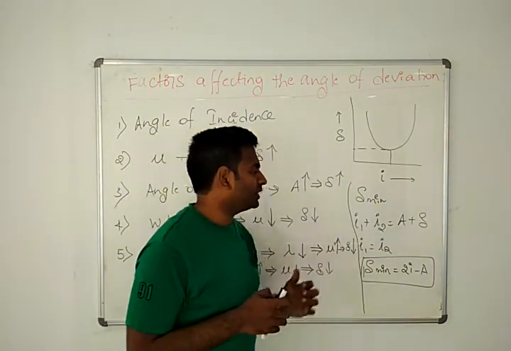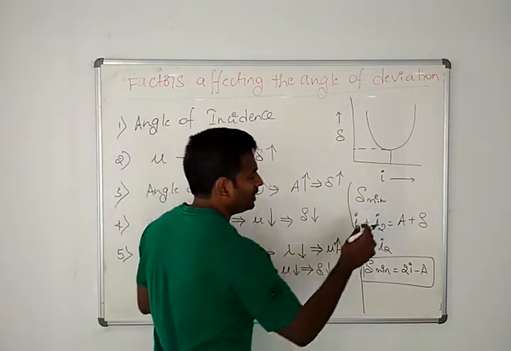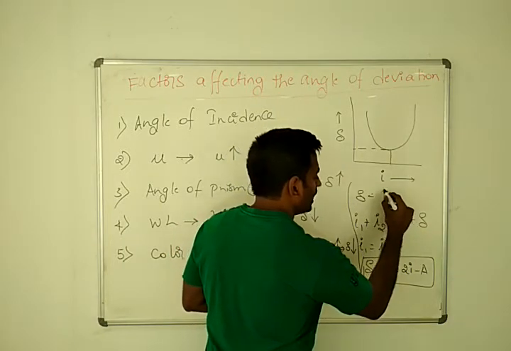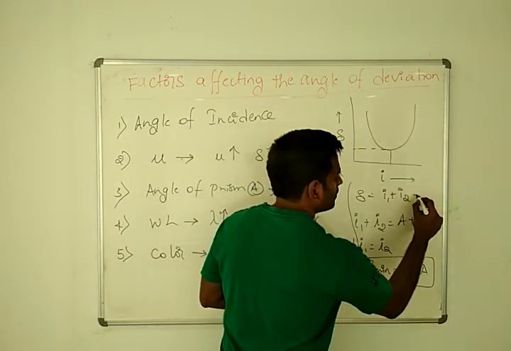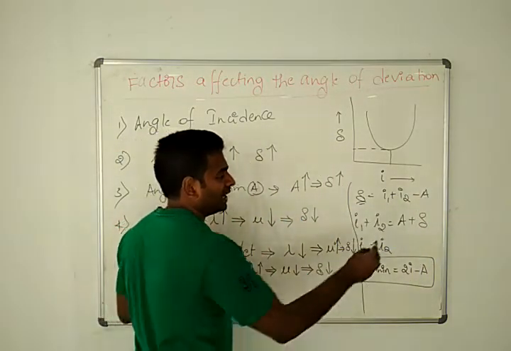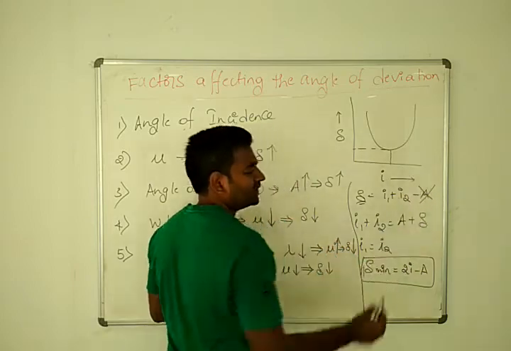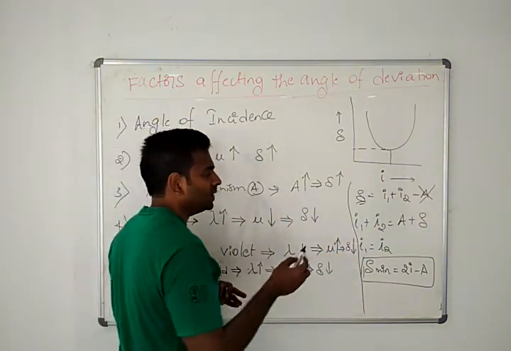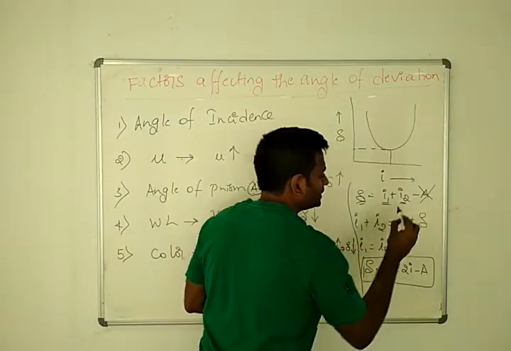Because from this equation, delta is equal to I1 plus I2 minus A. If I want to minimize this delta, I cannot change the angle of prism, because that is constant. What I can change are these two.